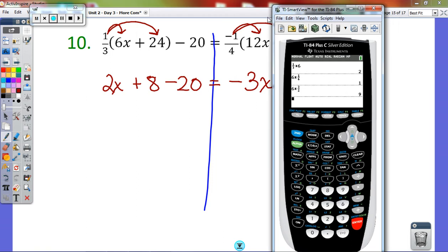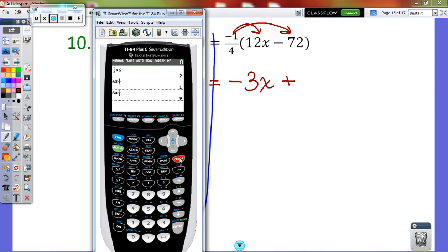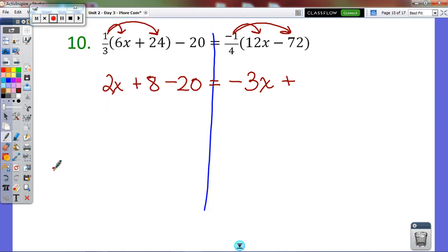So I'm pulling up my calculator. I need to do negative 1/4, and it didn't get my negative sign. Negative 1/4 times negative 72. Okay, it's 18. So we're going to write in 18.